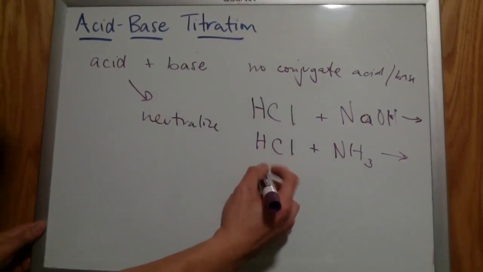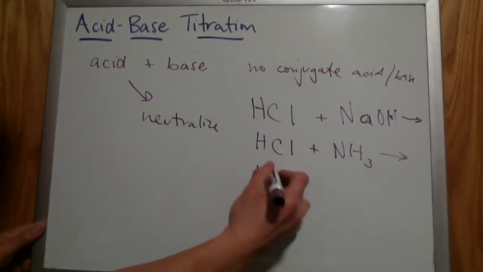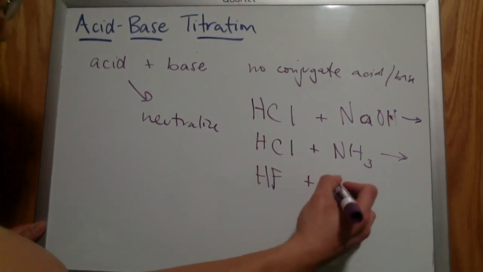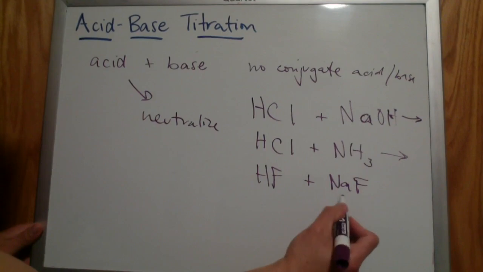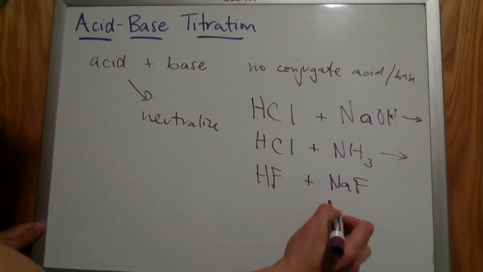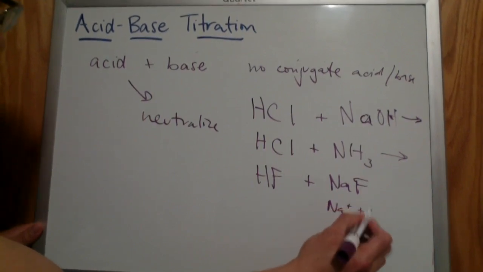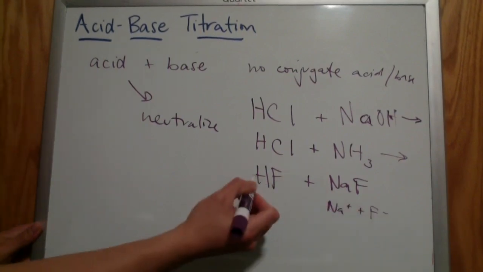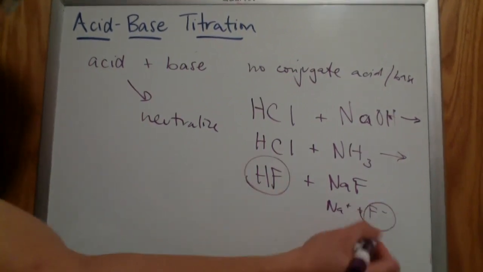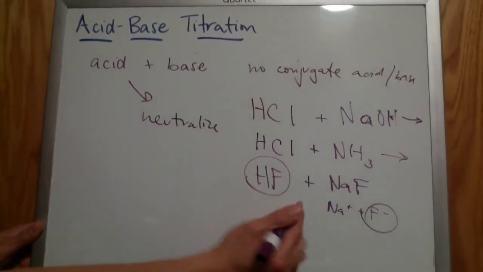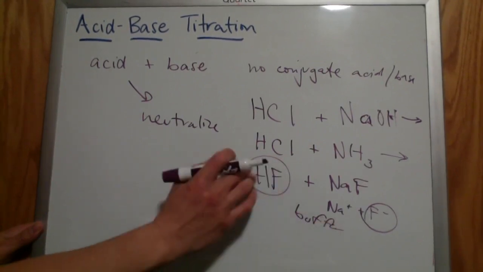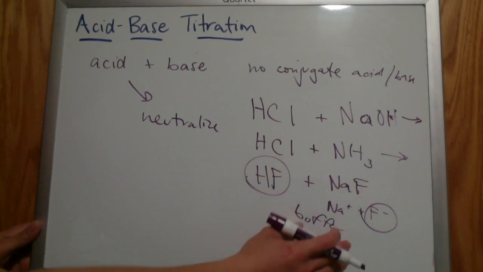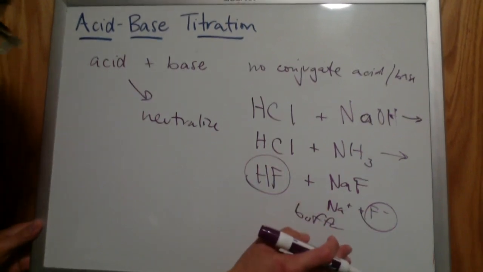If we had HF and we had NaF, then the NaF would dissociate into Na plus and F minus. And since HF and F minus are conjugate acid-base pairs, these would actually be a buffer. So if you have conjugate acid-base pairs, they would be a buffer. They would not neutralize each other.